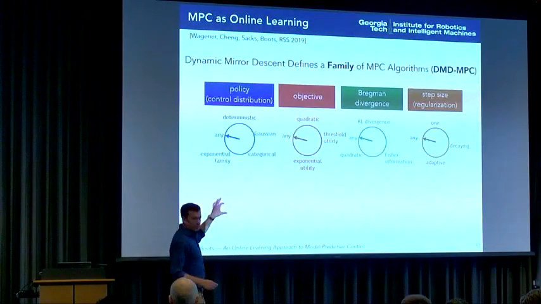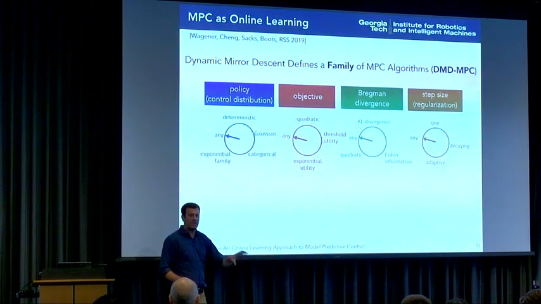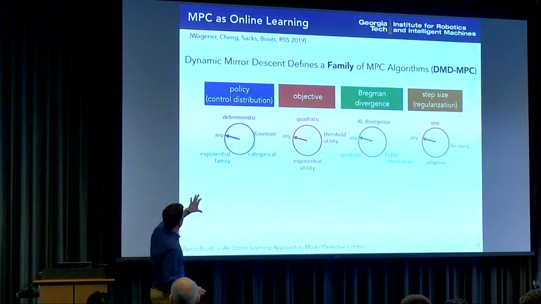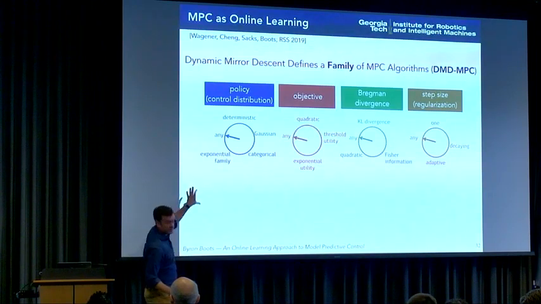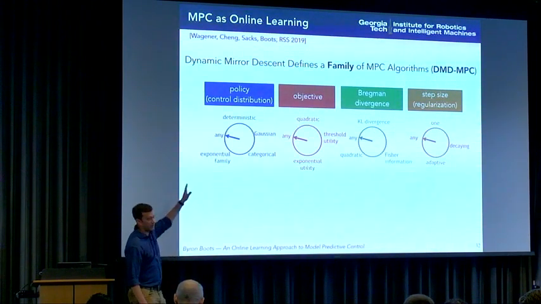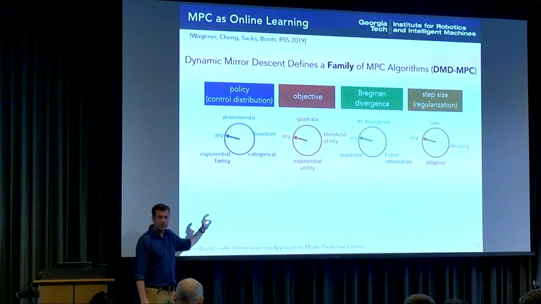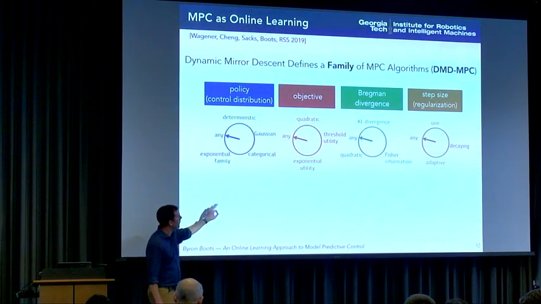So here are the basic things that you can design for a particular problem. You're going to choose your policy, which is going to be some control distribution. As I mentioned, this could be deterministic, so it could be a sequence of actions. It could be a Gaussian, categorical, or exponential distribution. There are different ways of parameterizing this policy.